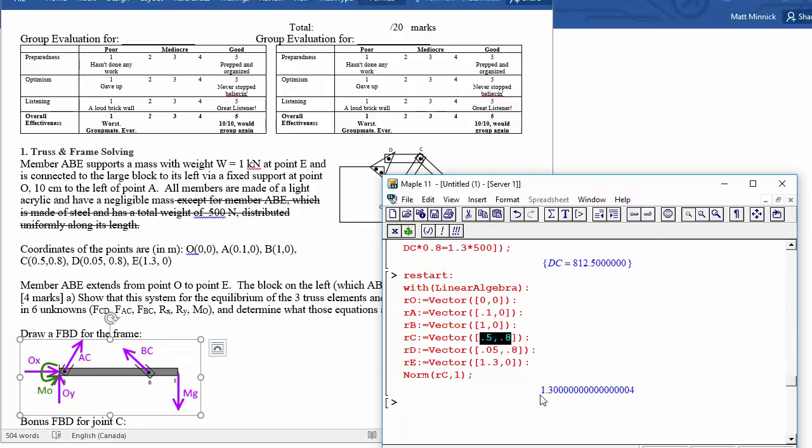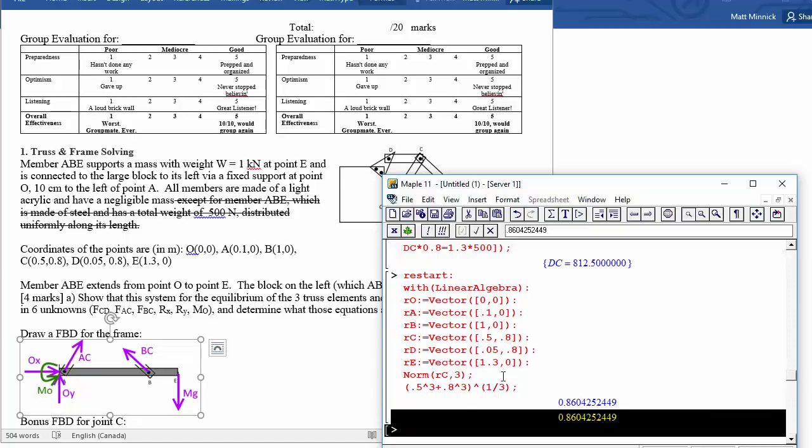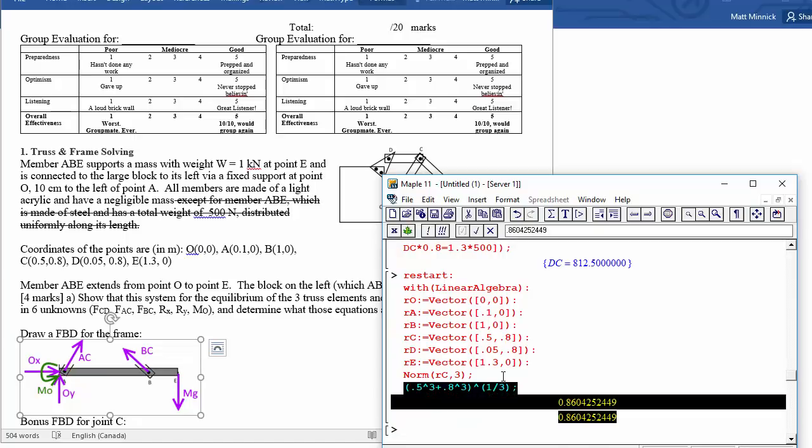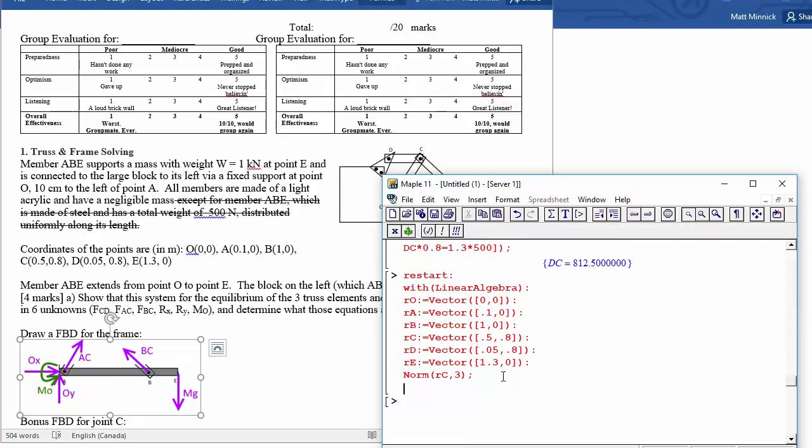So you see that would indeed give you 1.3. You can use higher norms. So let's say 3. This should be the cube root of the sum of the cubes of these things. Right, but we're actually just interested in the square norm pretty much all the time in physics. So we're just going to do norm 2 for this stuff. Norm RC 2 to get the root of the sum of the squares of those components.